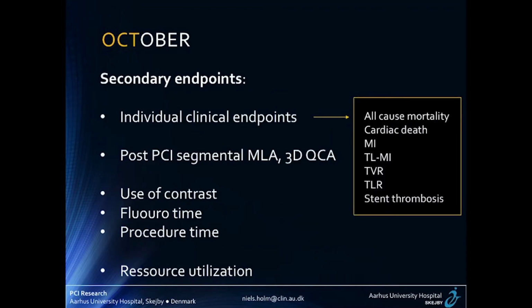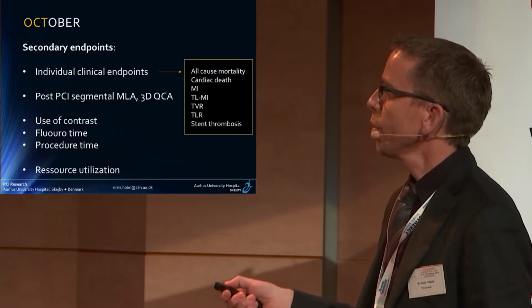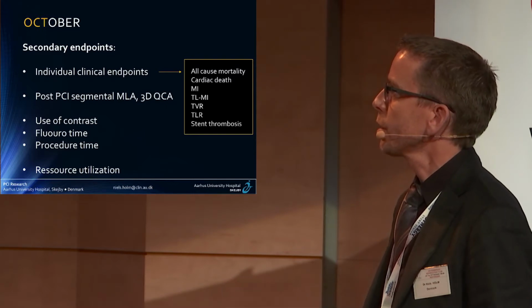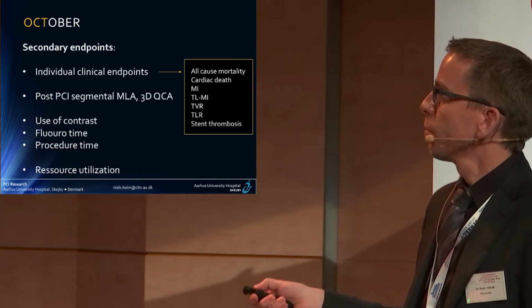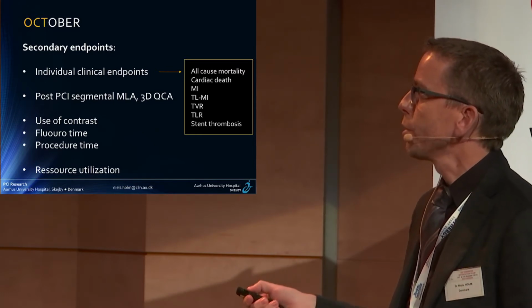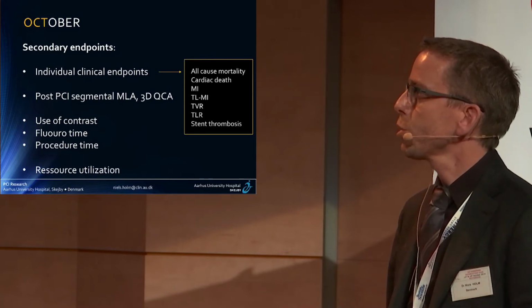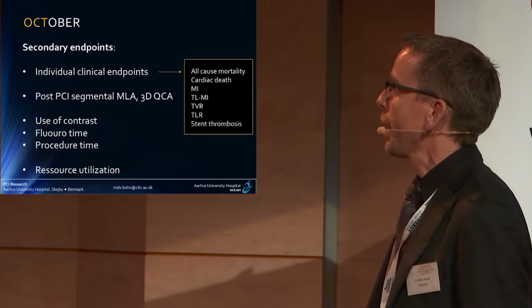Then we of course have all the regular clinical endpoints, and we will have a 3D QCA evaluation of the post-PCI result, as we will not bring the patients back in again, and we will not have OCT in the standard arm. And of course we will also have a look at this, because if we don't show any clinical benefit, we might see increased procedure time and use of contrast, and also increased resource utilization in the OCT arm, and that could be problematic, of course.